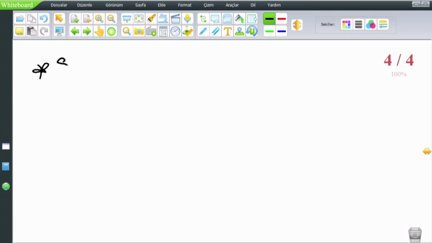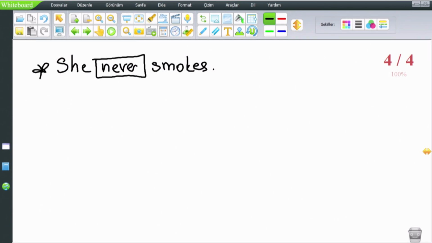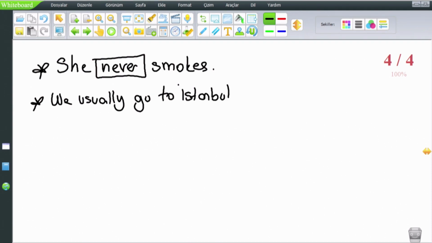For example, she never smokes. Be careful with the placement of the time expression. We usually go to Istanbul on holidays.